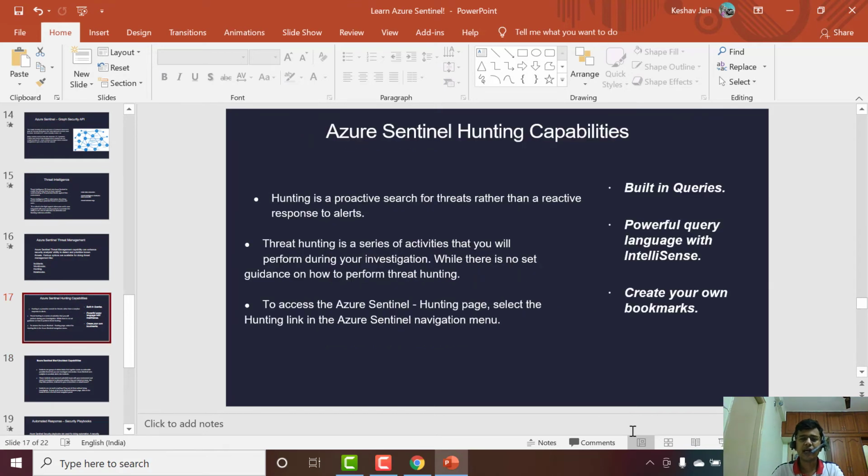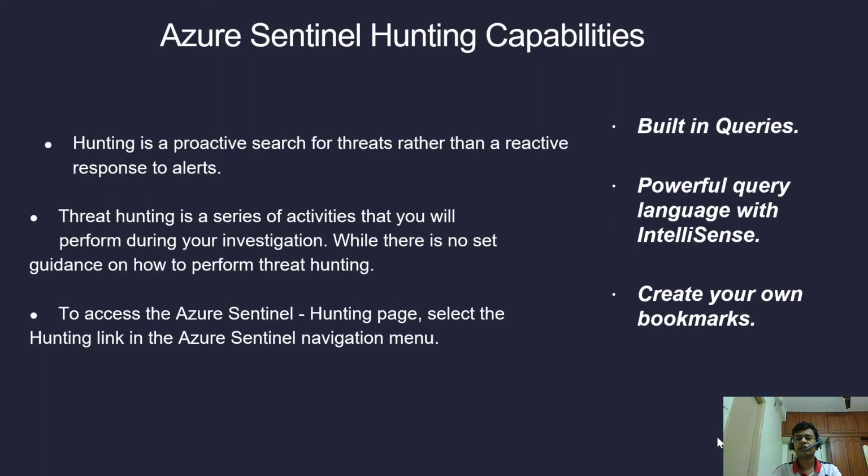Now another one is the hunting capabilities. Hunting is a proactive method of identifying threats. Azure Sentinel provides built-in capabilities for doing the hunting.